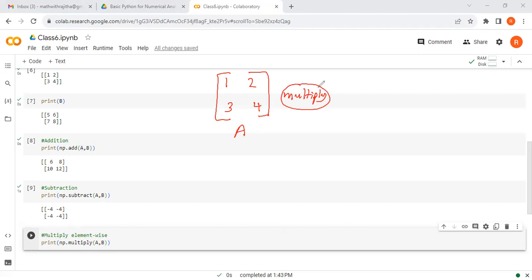I don't have a particular symbol for this, so I write multiply. Multiply element wise. A and B. B is 5, 6, 7, 8.